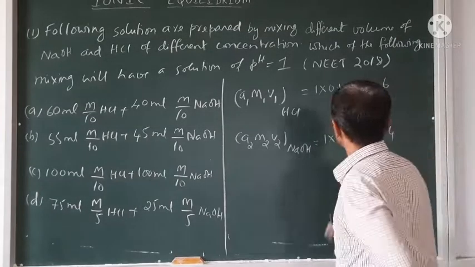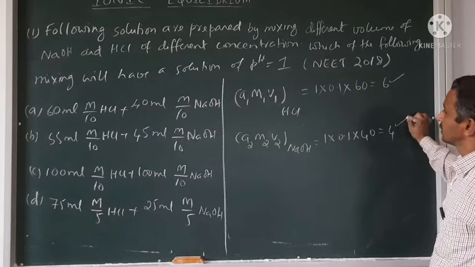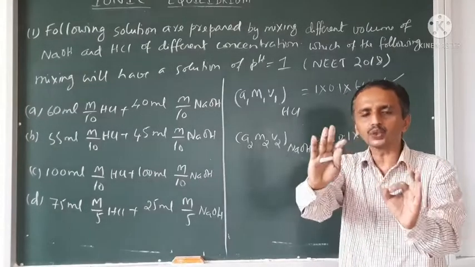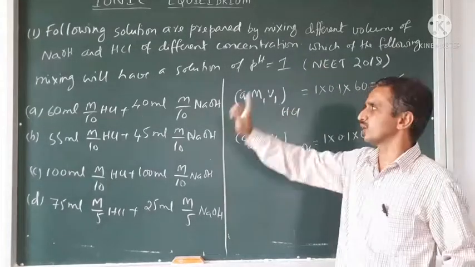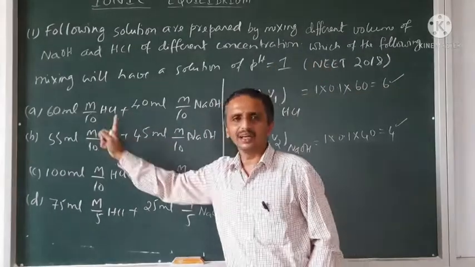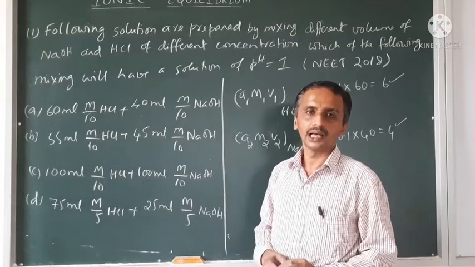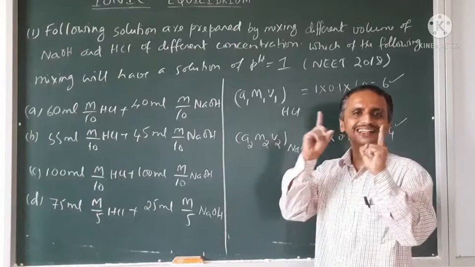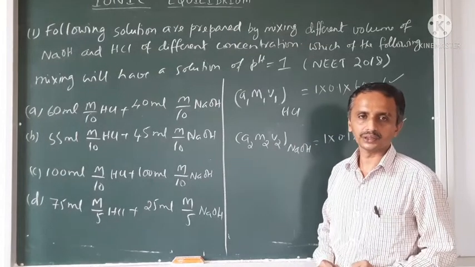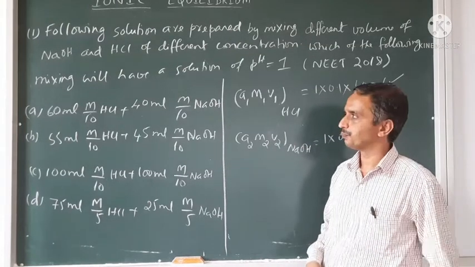See, this is more, is less, means the net solution is acidic in nature. After the neutralization also, HCl remains as excess reagent. What remains over there decides the pH of the medium.